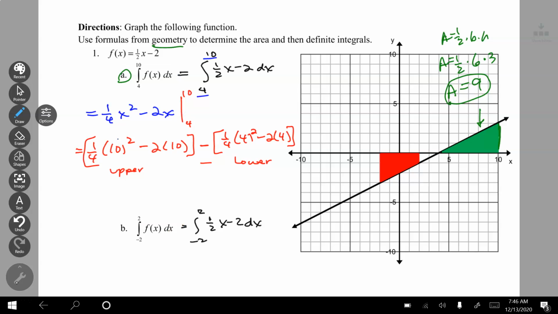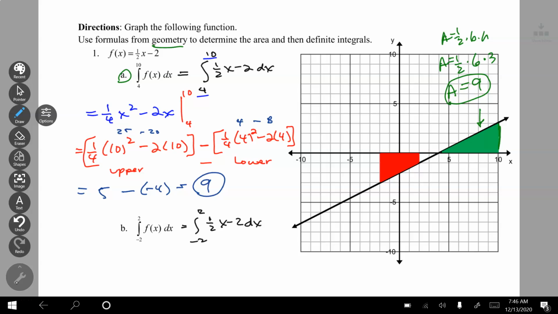Well, I get 100, so I get 25 minus 20, so equals 5, minus, I get 16, so it's 4, minus 8, 5 minus a negative 4, which is equal to 9. So I get exactly the same result that I had earlier.